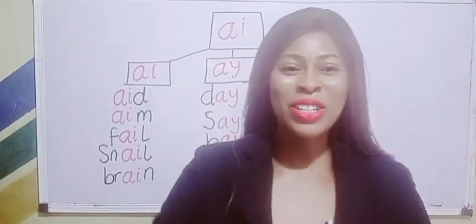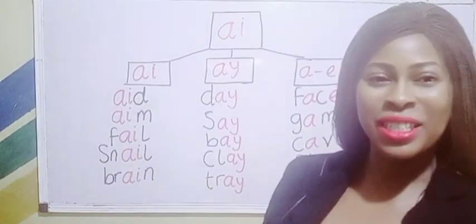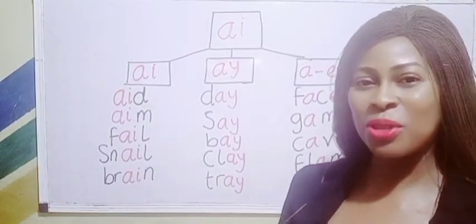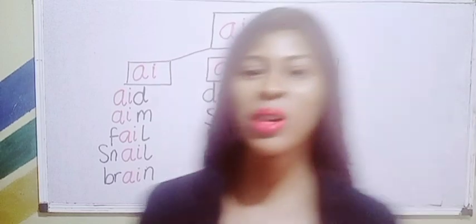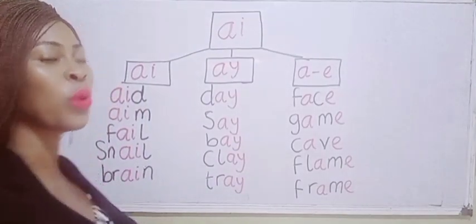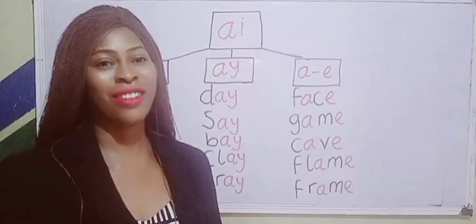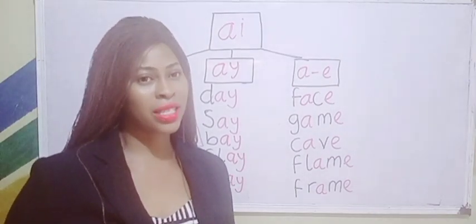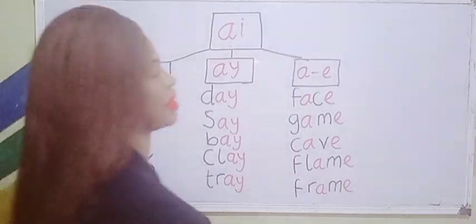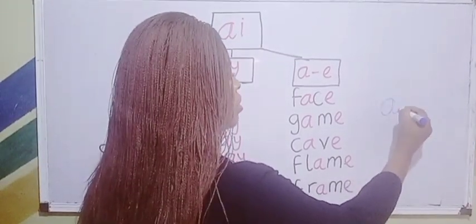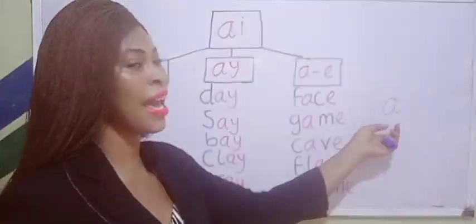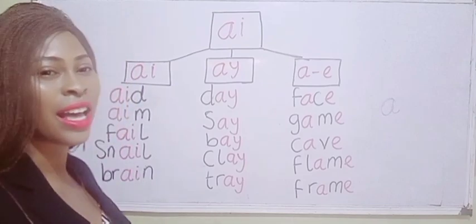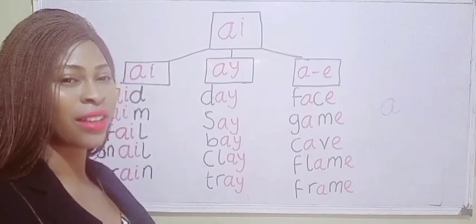Now let's go straight to the board. How do we blend most of these words? Remember I said we have three ways with which we articulate the "ay" sound, and the sound bears its name. For instance, we have it as the letter A bearing the name A. Now let's blend those words one after the other.